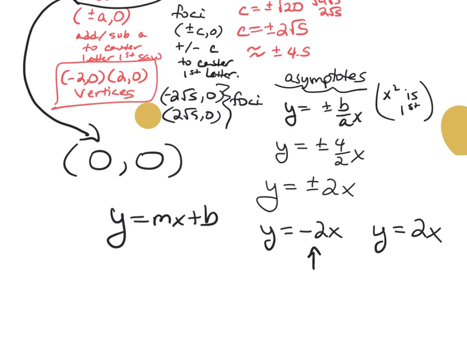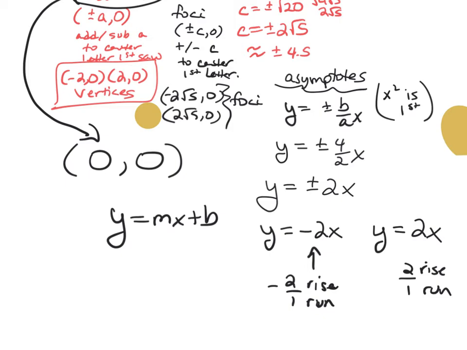The negative 2 here is my slope, so I'm going to rise 2 and run 1, and it's negative. Oh, I said that backwards. This is rise, and this is run. Same thing here: rise 2, run 1. Then I'm going to use these asymptotes as the guide for my hyperbola. So let me go ahead and draw a coordinate plane.